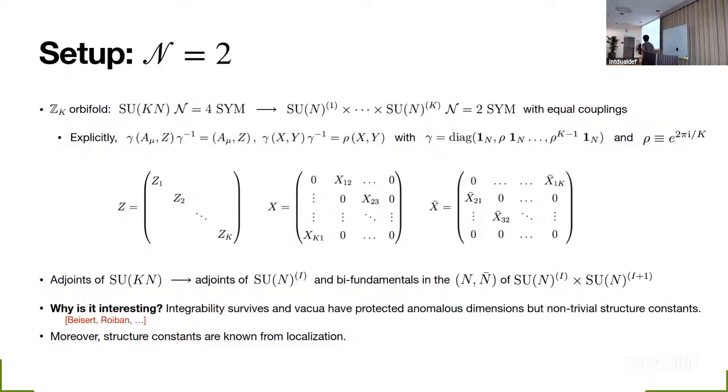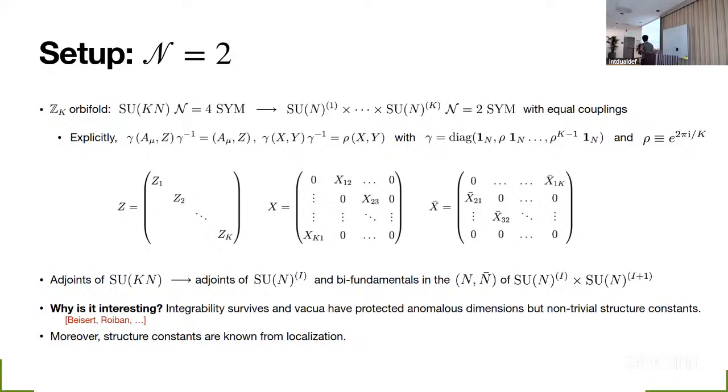This theory has N=2 supersymmetry, and the projection is done by this matrix gamma, which is just some phases on each block of the SU(kN).